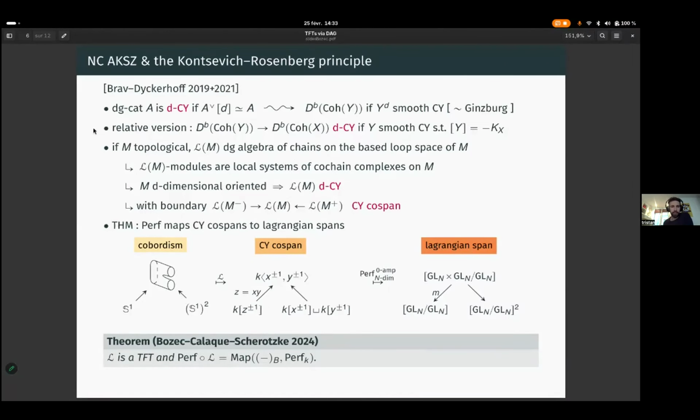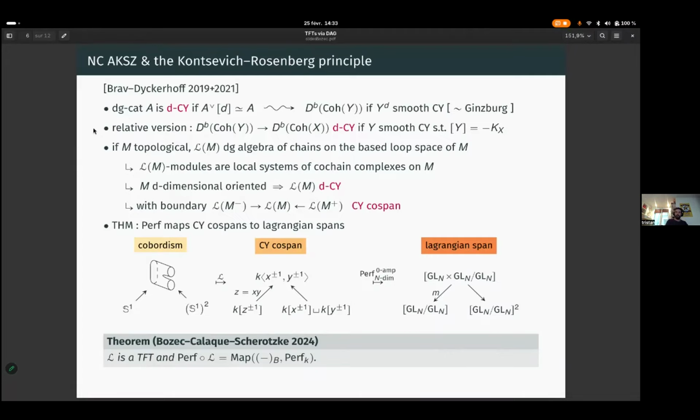So I'm not giving the precise definition of being relative Calabi-Yau. Exactly as for Lagrangian correspondences, it amounts to requiring that some shifted sequence is actually a fibered sequence. I'll stick to the example motivated by geometry.